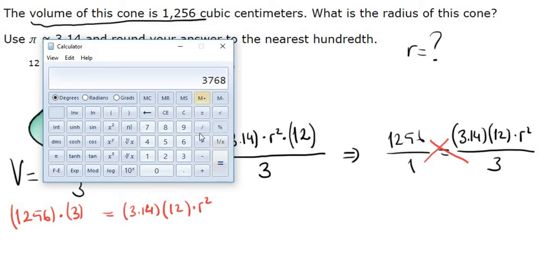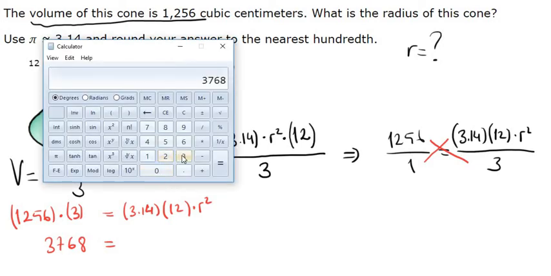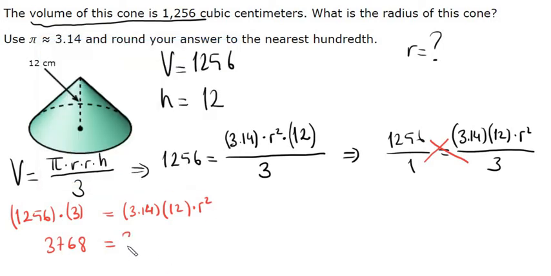That's going to be 3768. 3768 is going to be equal to 3.14 times 12. Let's find 3.14 times 12. That's going to be 37.68.